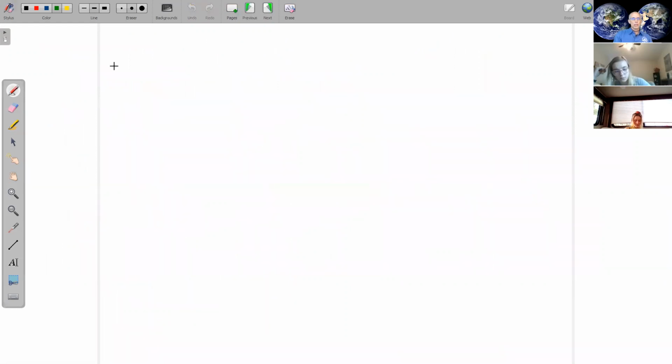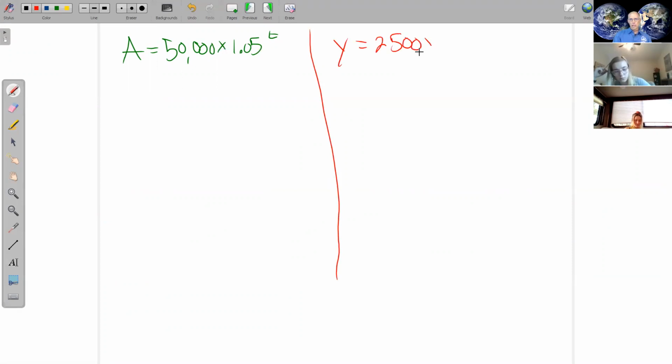New page. All right, so we've got A equals 50,000 times 1.05 to the T versus Y equals 2,500 X plus the 50,000.